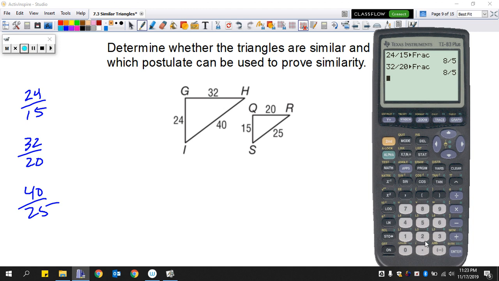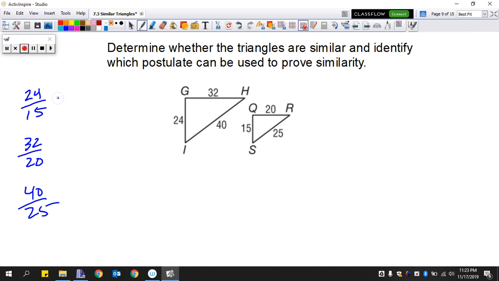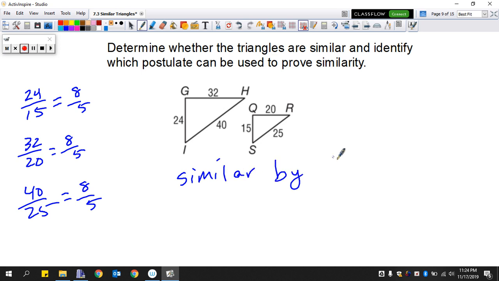So far so good. And 40 to 25, math enter, 8 to 5. Okay, so all three of the corresponding sides have a ratio of 8 to 5. All right, so that tells us that these two triangles are similar by side, side, side. Okay?